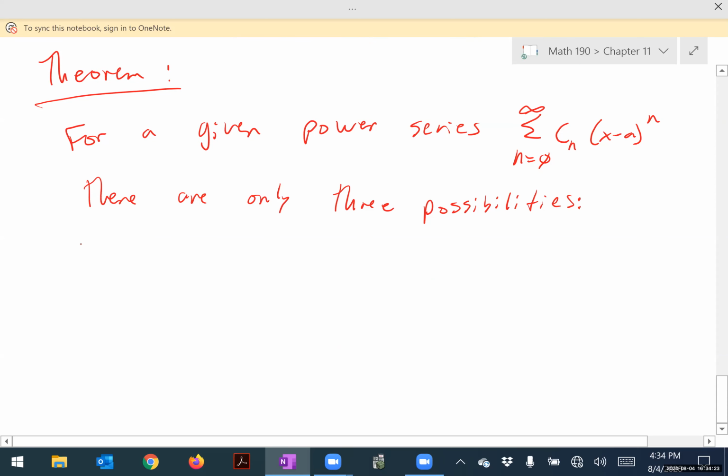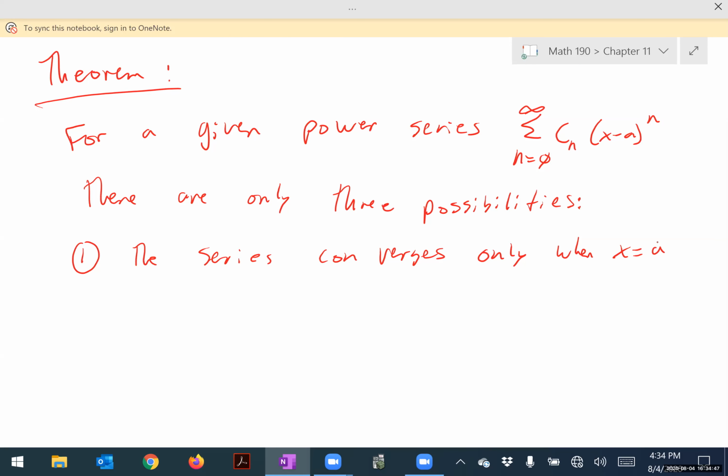1, the series converges only when x equals a. That is when the whole thing equals 0. Does that make sense? It only converges when x is equal to a, or when I'm just adding 0, 0, 0, 0, 0, 0.